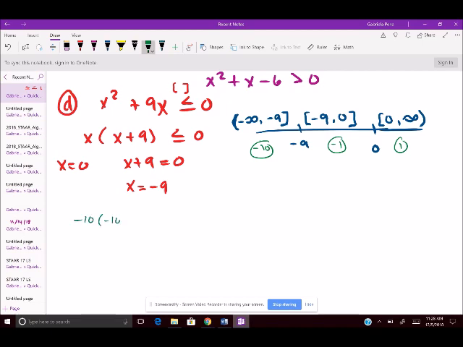-10 times (-10 plus 9). Is that less than or equal to 0? -1 times (-1 plus 9). Is that less than or equal to 0? 1 times (1 plus 9). Is that less than or equal to 0?